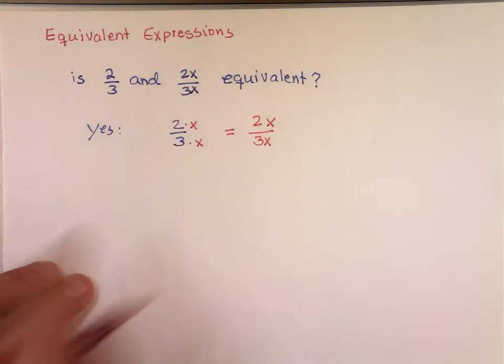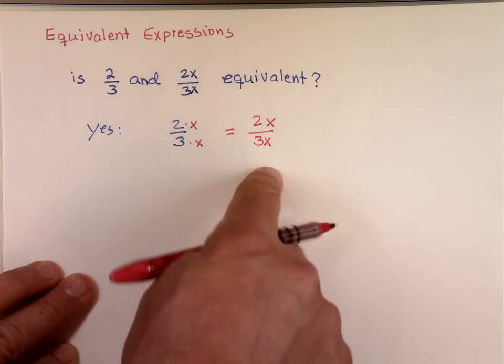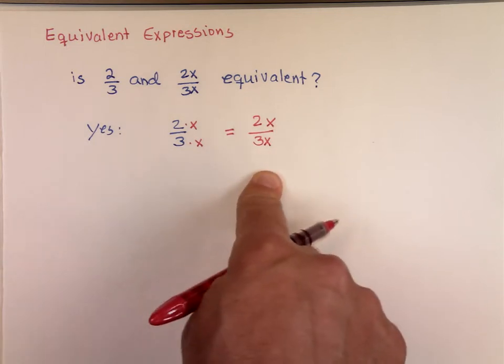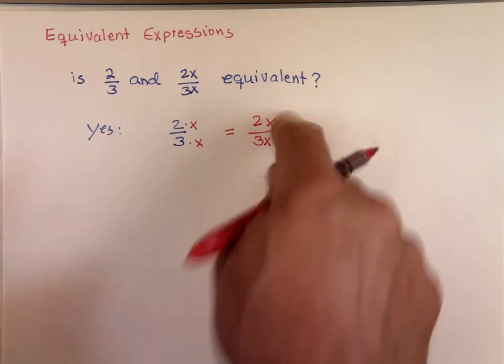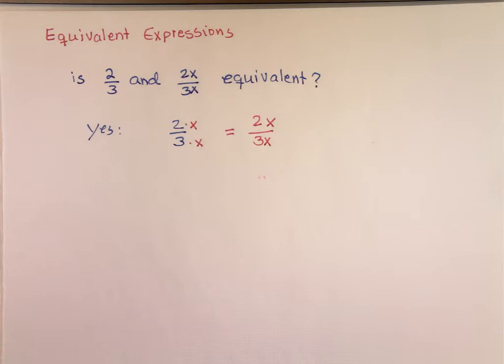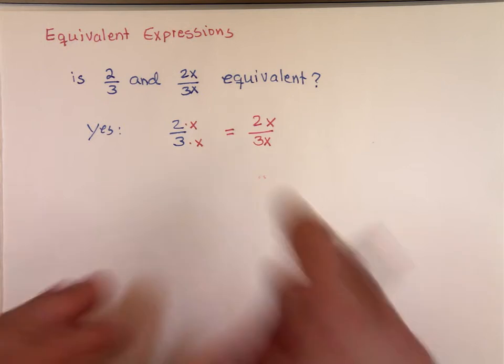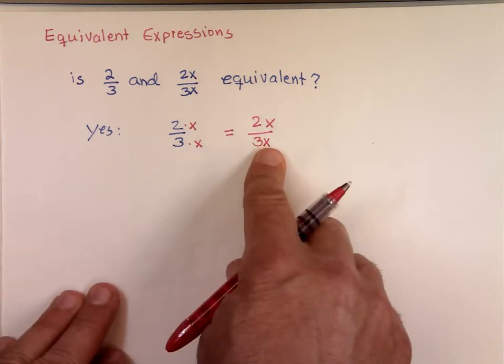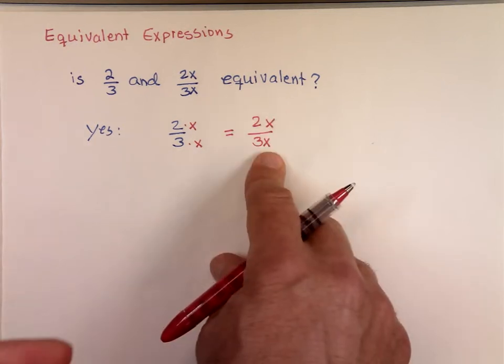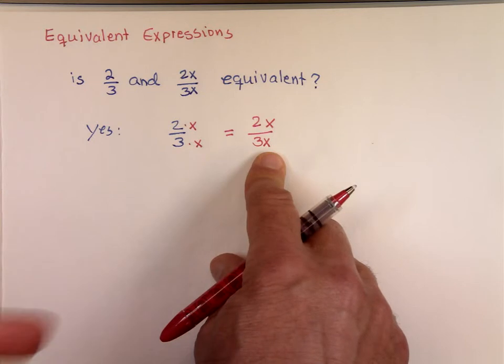So 2/3 and 2x over 3x are equal because all we did, we multiplied the top and the bottom by the same thing. Again, anytime you take a fraction, you multiply the top and the bottom by the same thing, you will not change the value of that fraction. Hopefully x does not equal 0, because if x equals 0, we get 0 over 0. We know that's a problem. But we're going to overlook that 0.